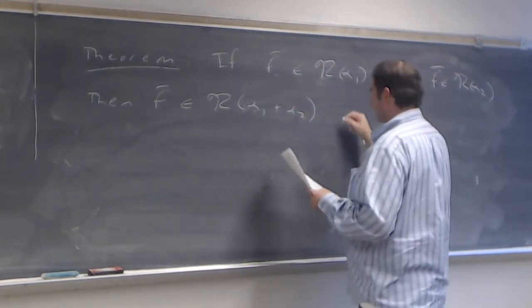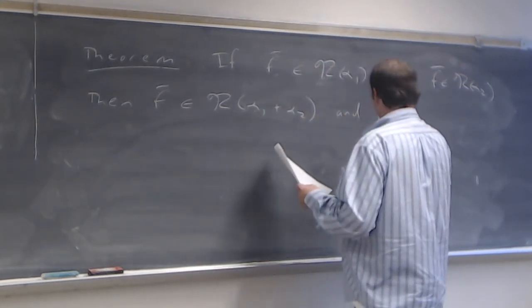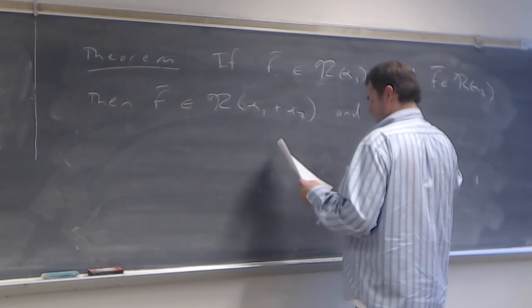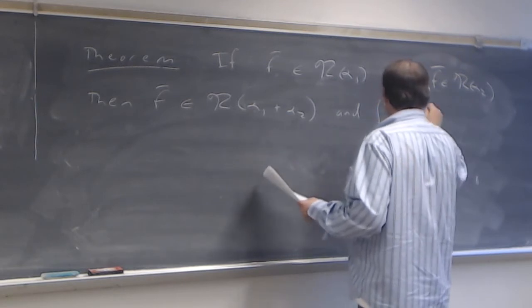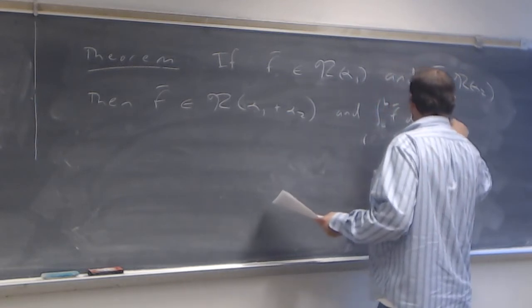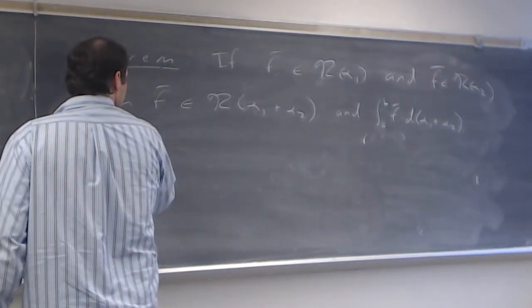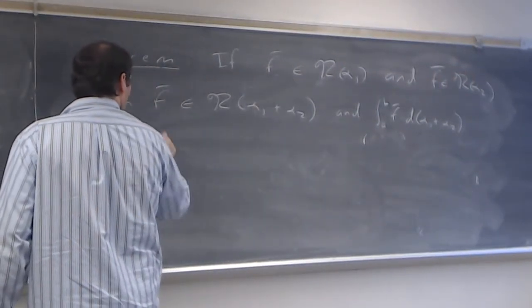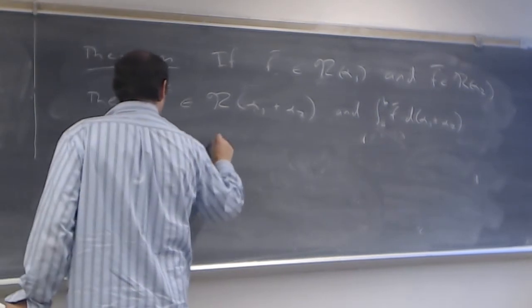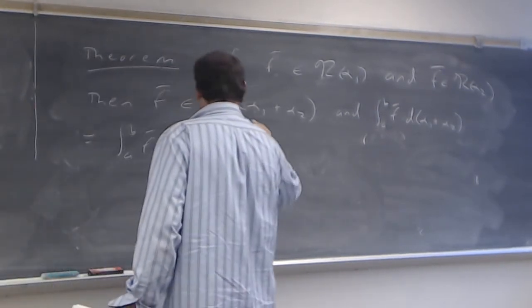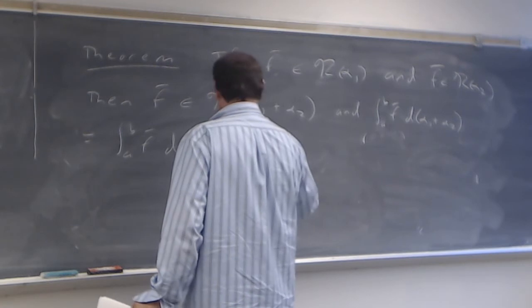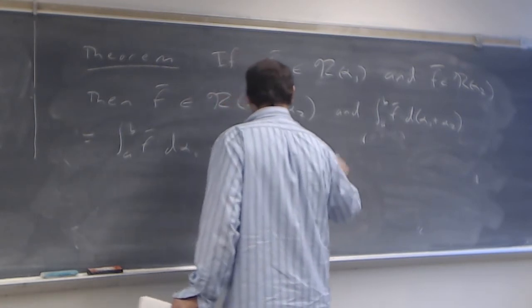Not only that, the integral from a to b of f bar d(alpha sub 1 plus alpha sub 2) will be equal to the integral from a to b of f bar d alpha sub 1 plus the integral from a to b of f bar d alpha sub 2.